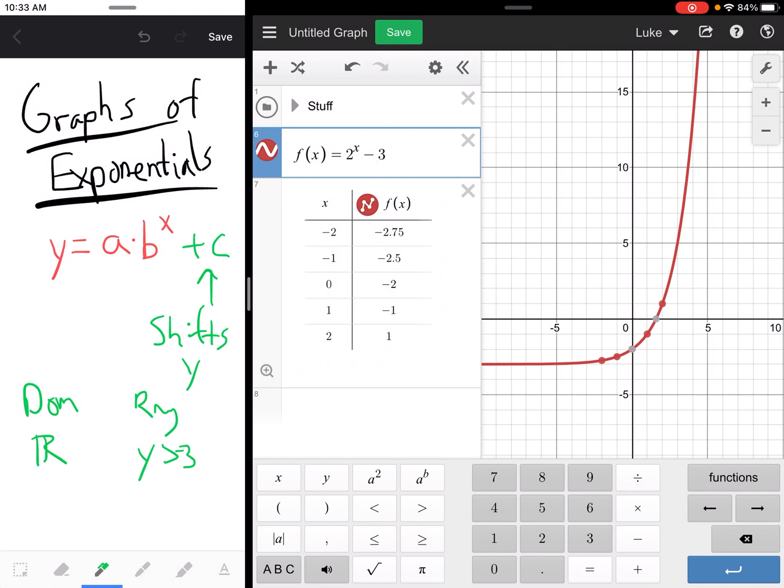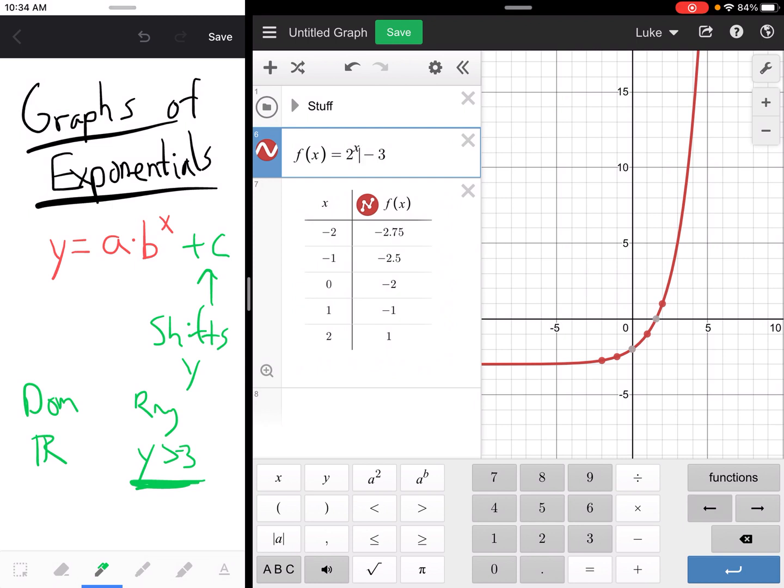And so hopefully by taking a look at this Desmos graph and looking at the general form, we're able to connect some of these different properties of exponential graphs. The big takeaway is that the domain is always all real numbers, and then the range is going to be half of the number plane, usually centered around 0, but as you can see here, it's the half that's above -3, all right?